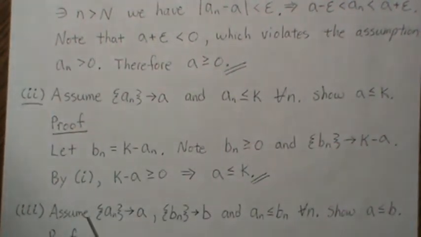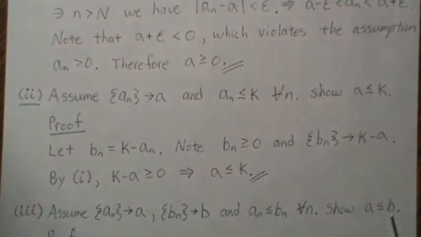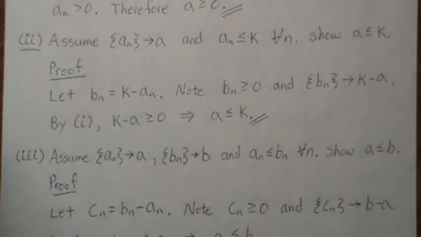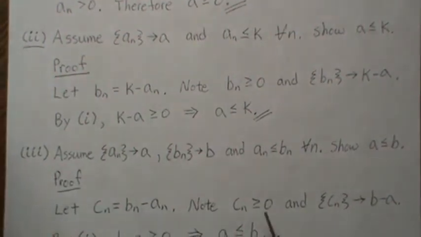Now, if a_n is a convergent sequence to A, and b_n is a convergent sequence to B, and a_n is less than or equal to b_n for every term, we want to show that A is less than or equal to B. So the proof is we develop a new sequence, c_n, which is b_n minus a_n.